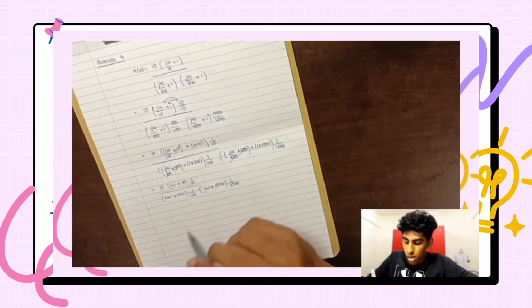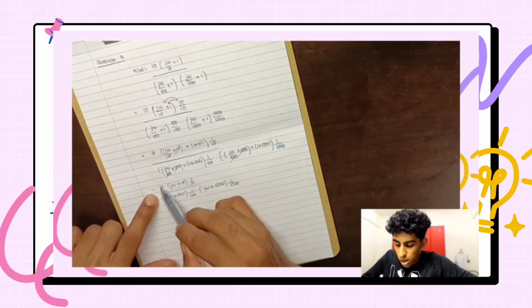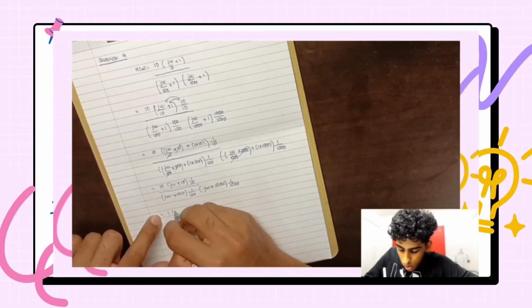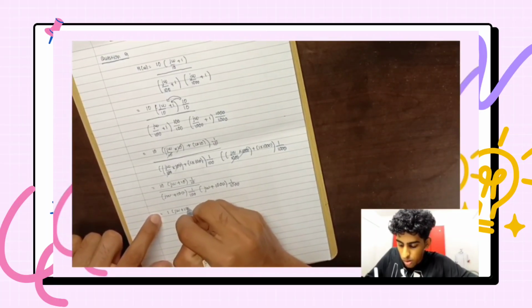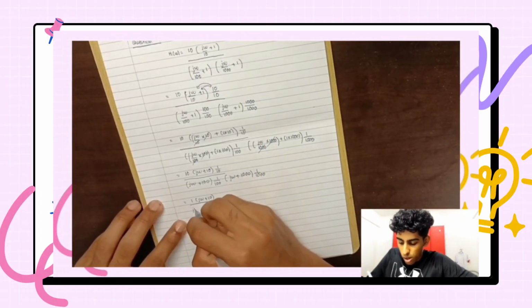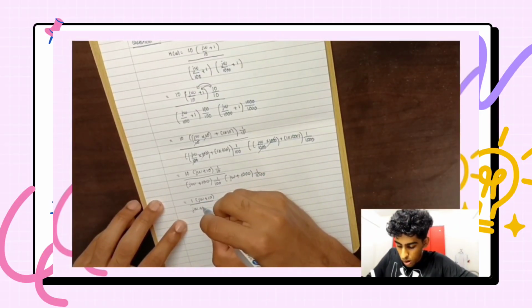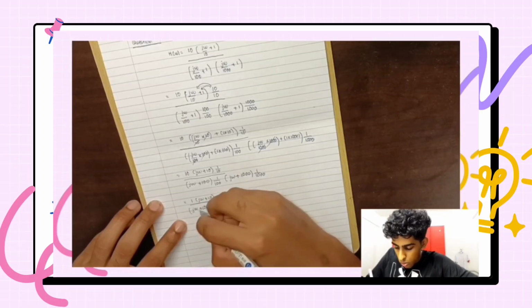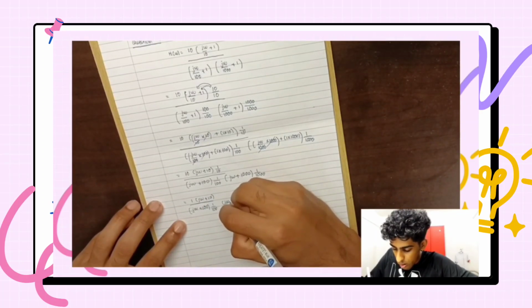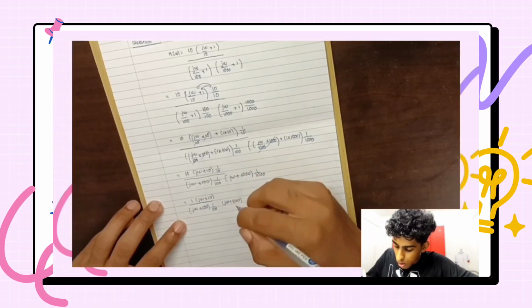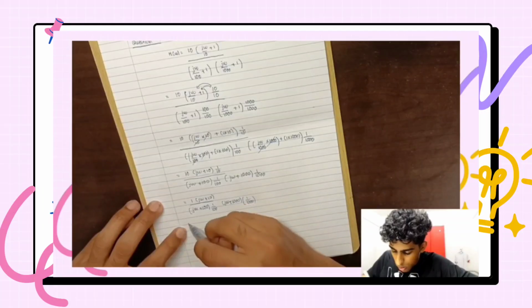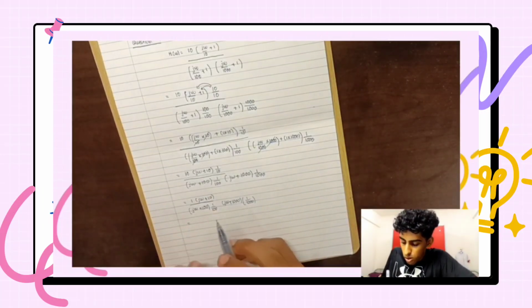After this, we can cancel out 10 and 1 over 10, which is equivalent to 1 times j omega plus 10 over j omega plus 100, 1 over 100, j omega plus 1000, 1 over 1000.